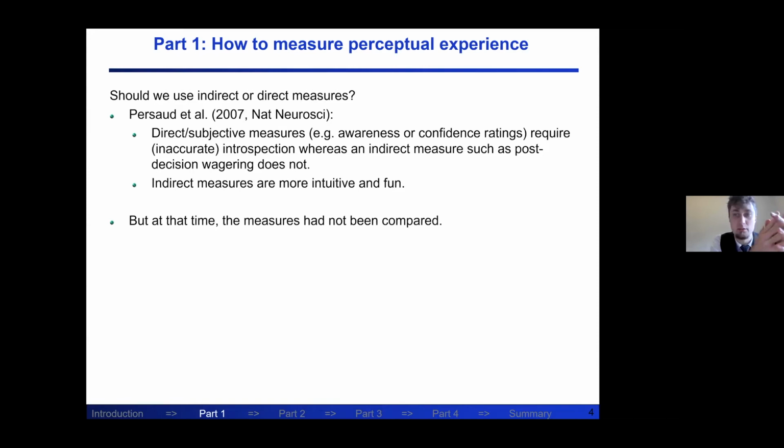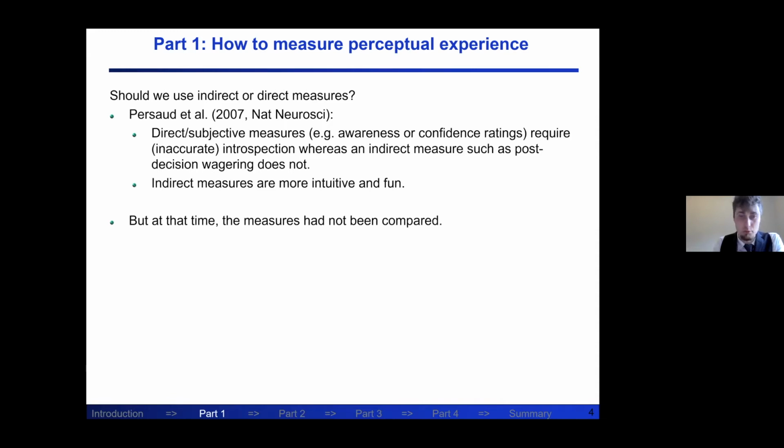And the first, when I just started, was post-decision wagering. So it essentially works by having participants complete some kind of task, often a visual identification task or something like that. And then instead of reporting their awareness, they place a wager on this. That was supposed to get rid of the introspection component, which might be inaccurate.